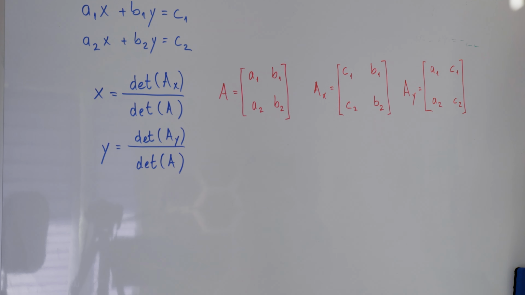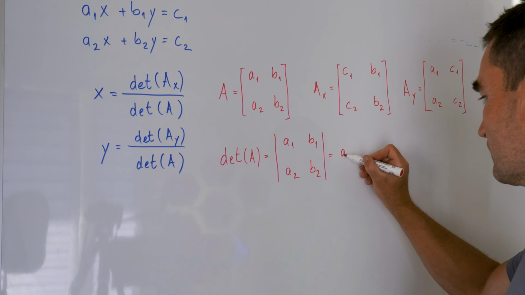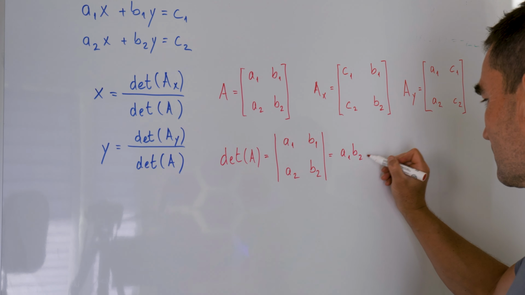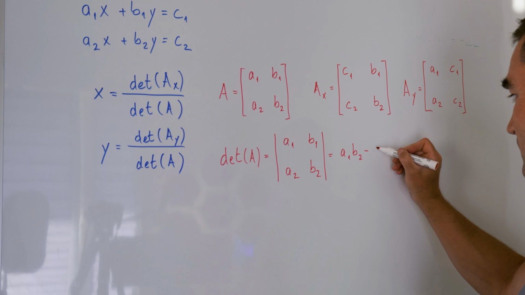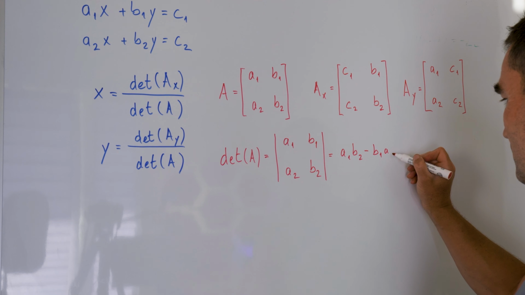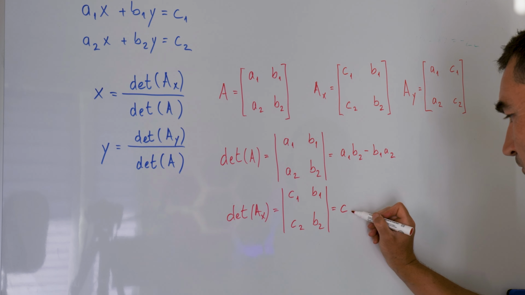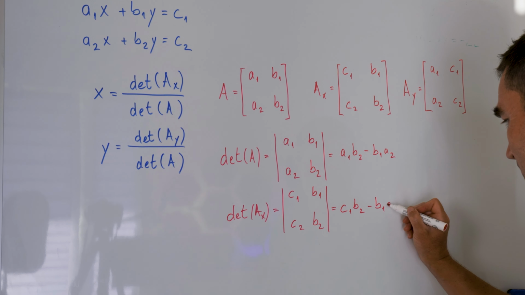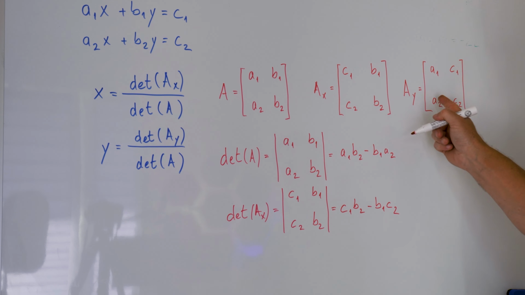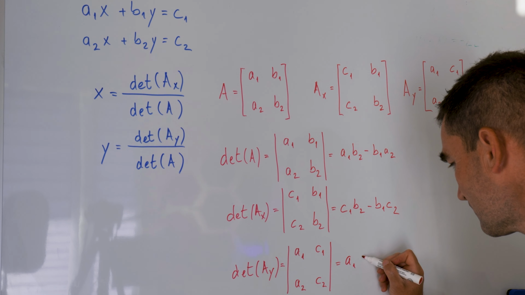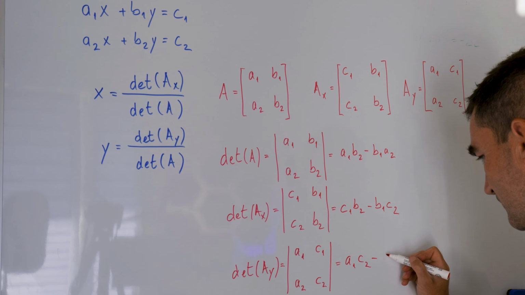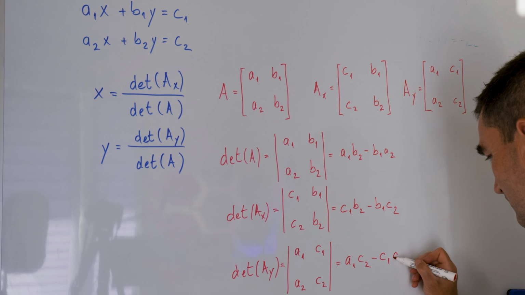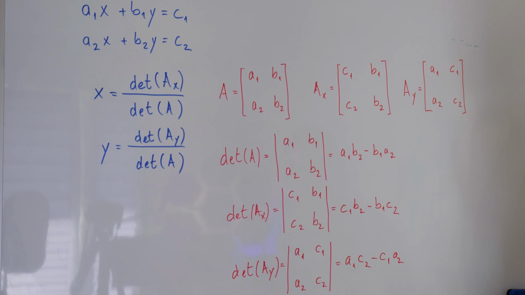Now, to find the solutions for x and y, we need to calculate the determinant of A, Ax, and Ay. So for our system, we have determinant A equals a1 times b2 minus b1 times a2, and determinant Ax equals c1 times b2 minus b1 times c2, and determinant Ay is a1 times c2 minus c1 times a2.